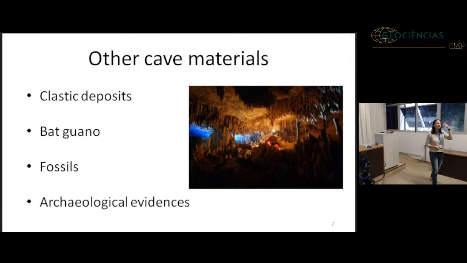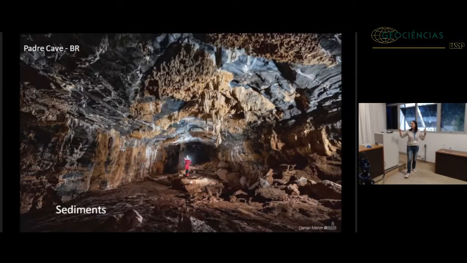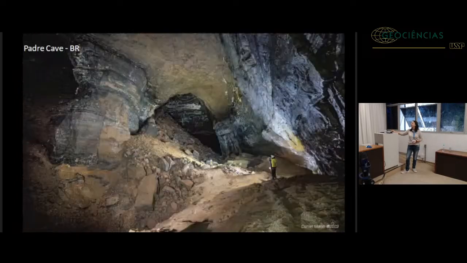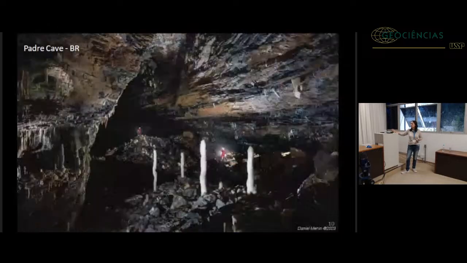So we have to think about the whole environment, not just looking at stalagmites. For example, we have many kinds of different sediments, depending on your cave and the size of your cave. You see big clastic sediments or even smaller ones, it doesn't matter. We can think about our questions. And we also have stalagmites.